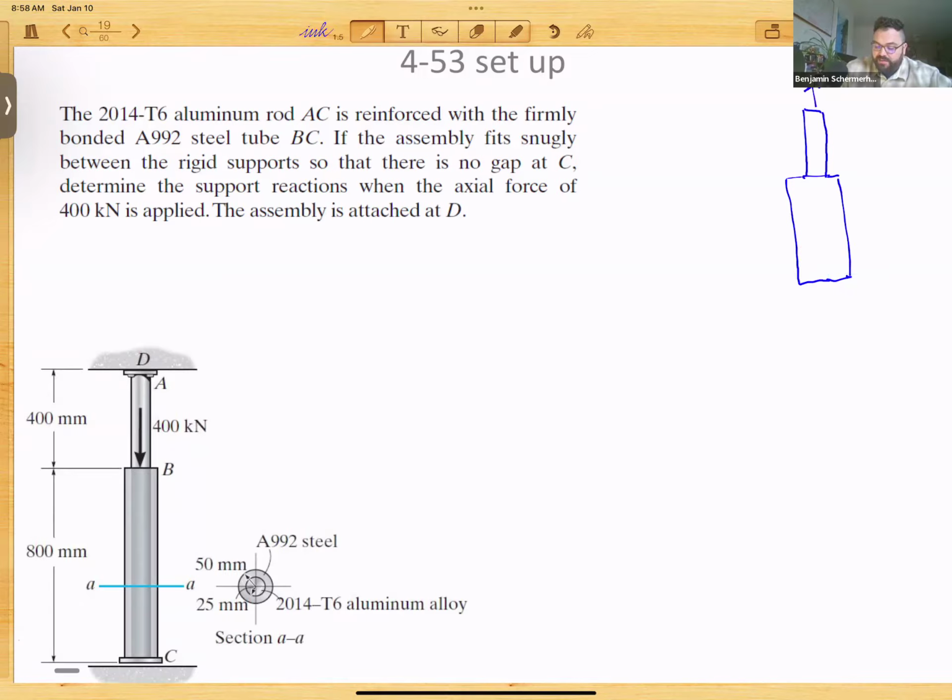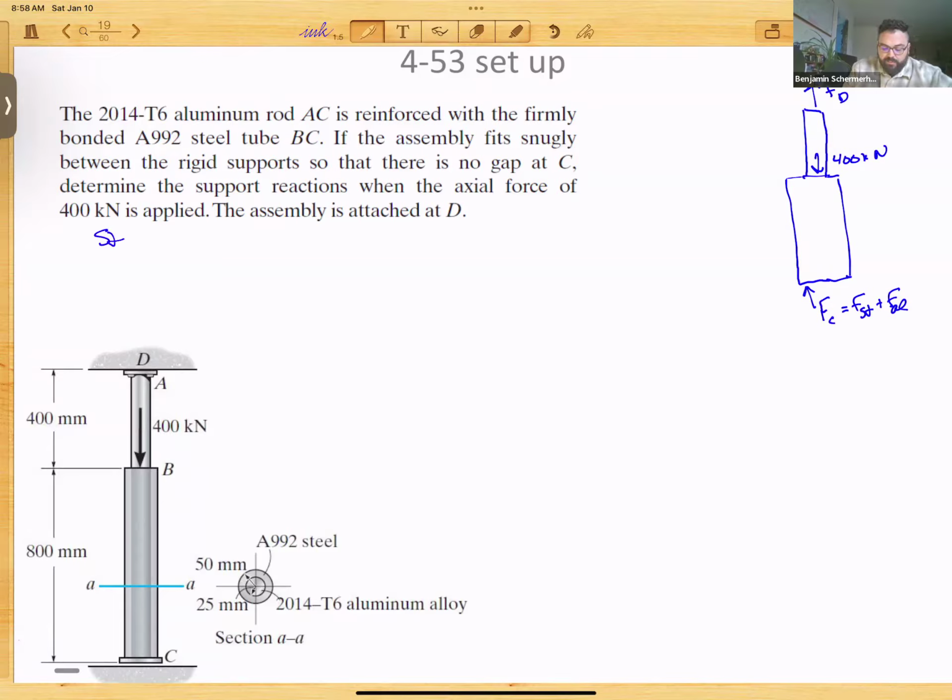We have FD, which I'm going to draw up to oppose that 400 kilonewtons. And then at the bottom, we've got the force at C. But that force at C, because the steel and the aluminum are going to have different internal forces, they're going to have different forces at the supports too. So that's going to be our F steel plus F aluminum, the summation of the two of those.